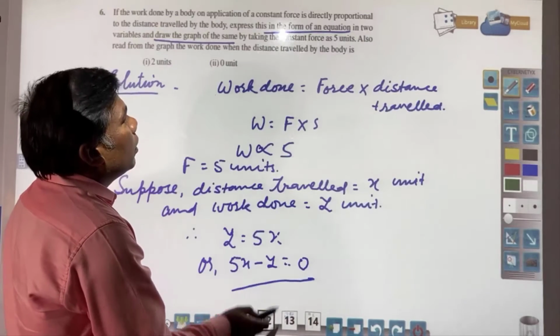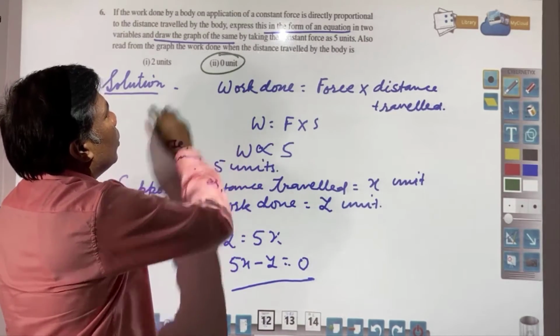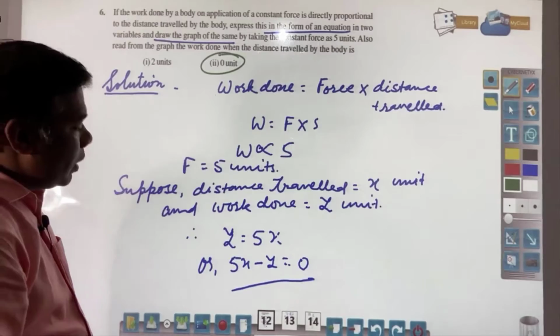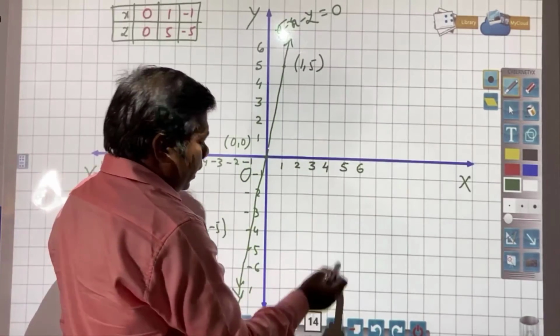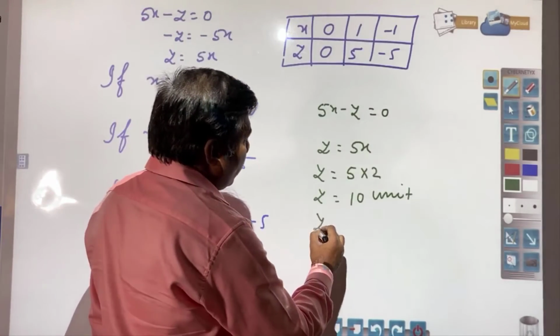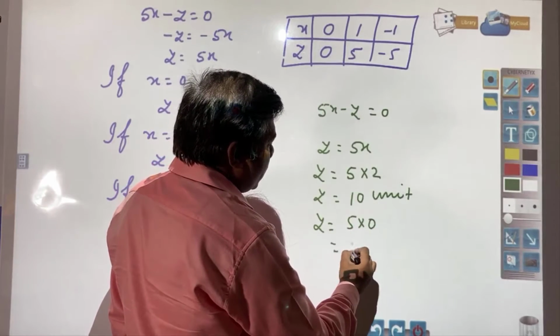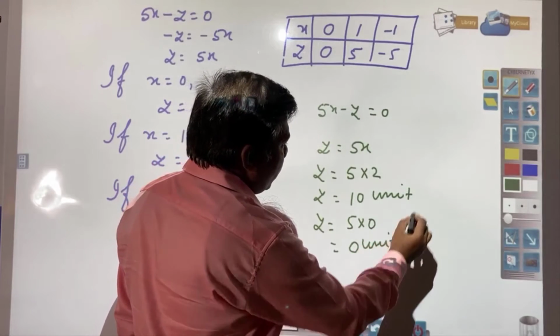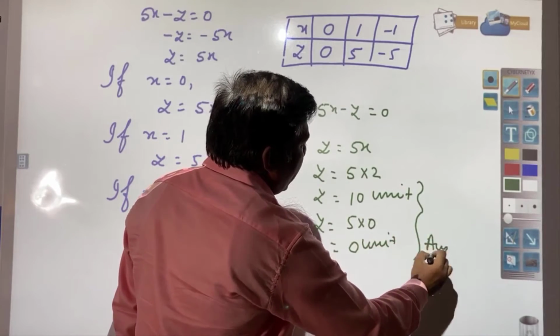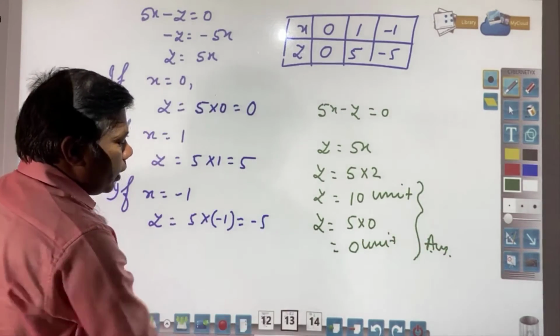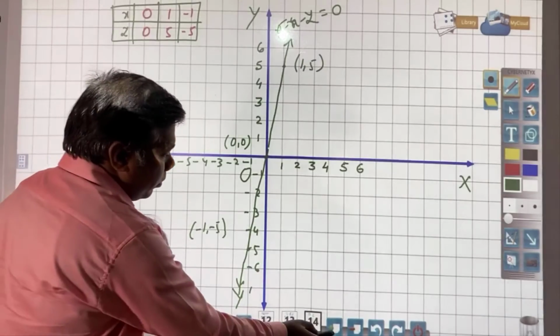And when your distance travelled is 0 units, in that case your y will be equal to 5 into 0, it means 0 unit, and this will be your answers. And in this way your graph is required to be plotted.